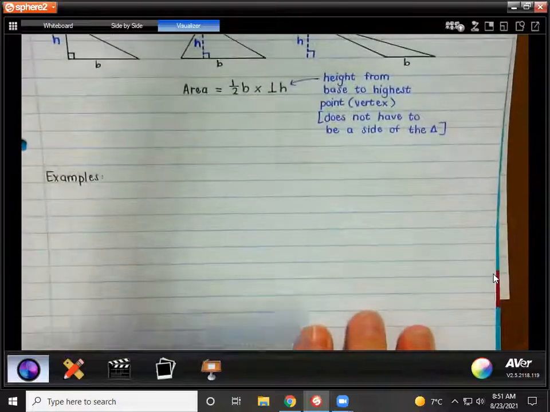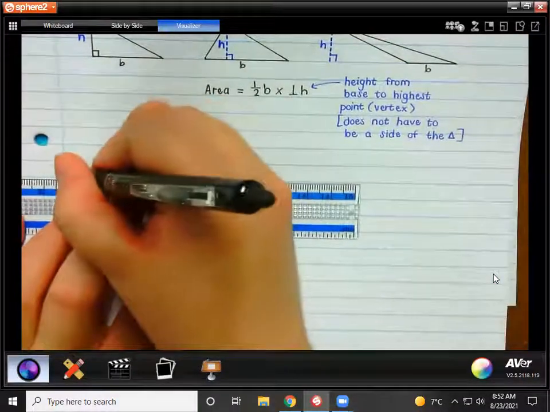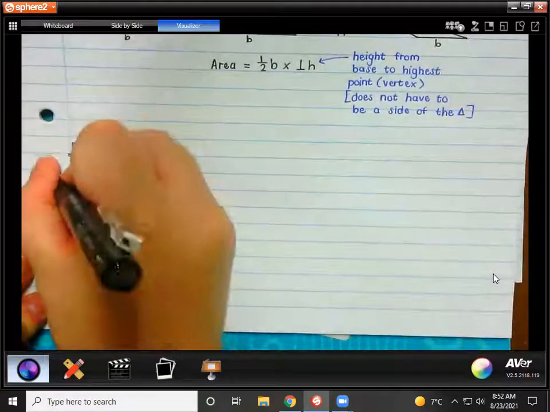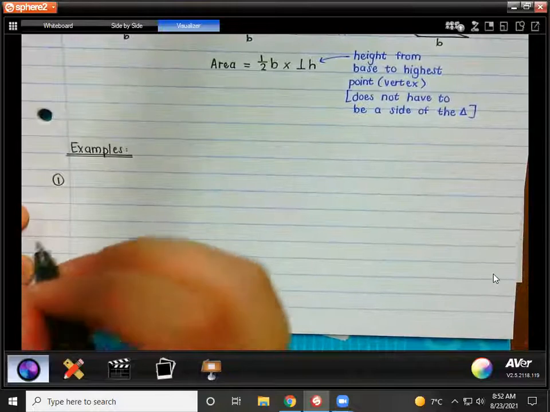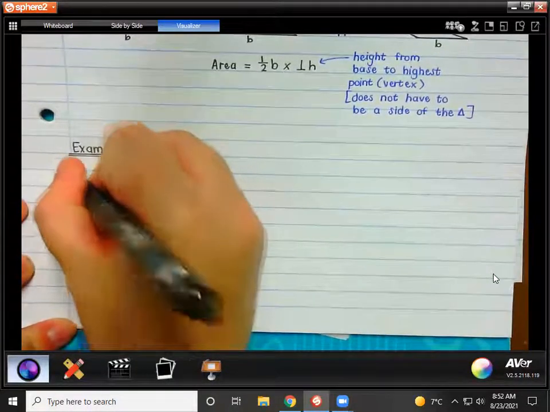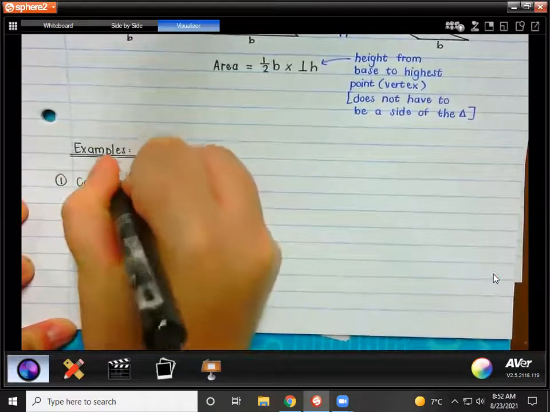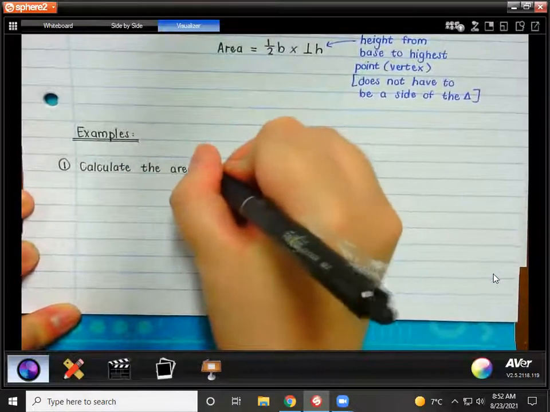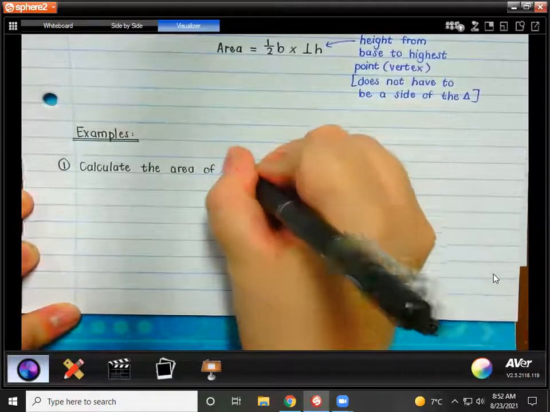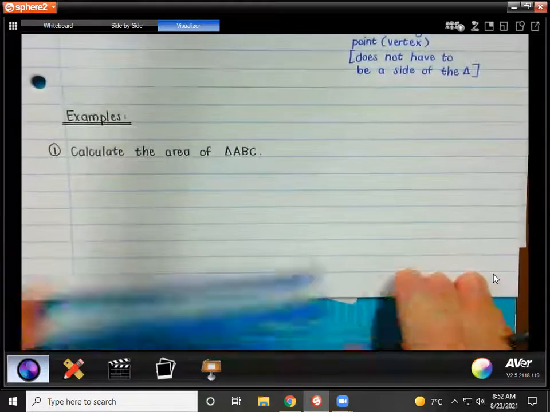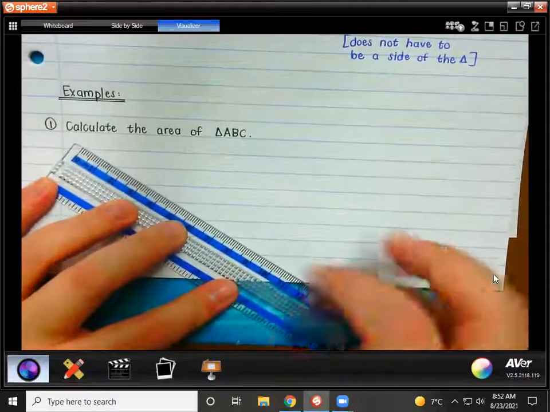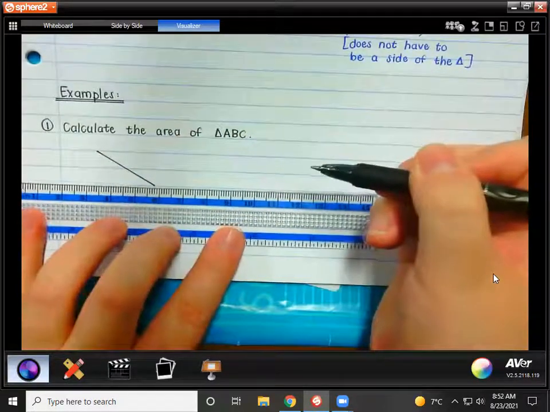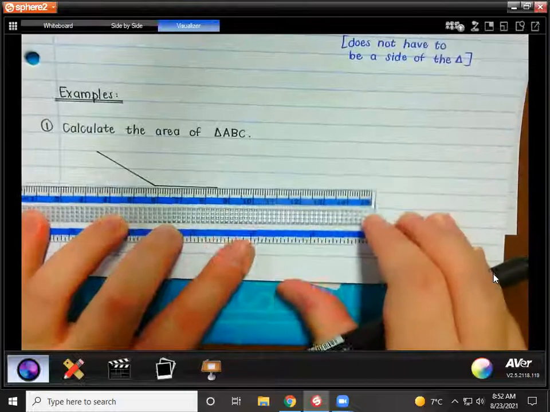Examples. Okay, so this triangle that we're doing, it looks like the last picture that we just discussed.